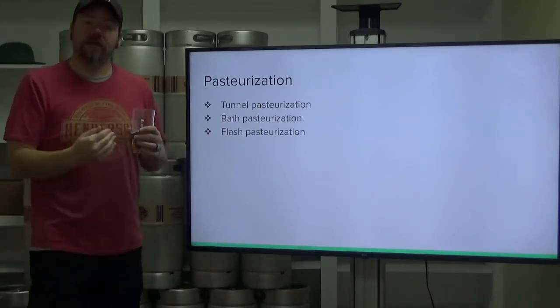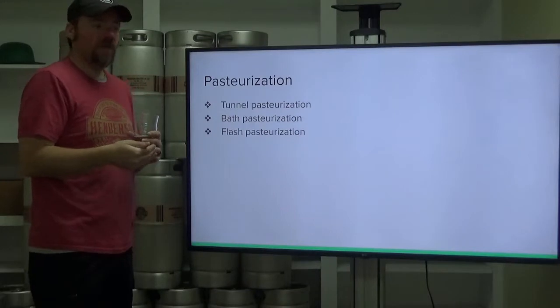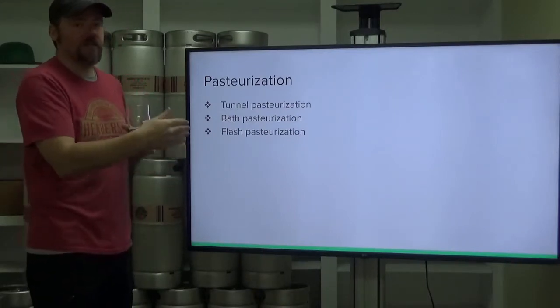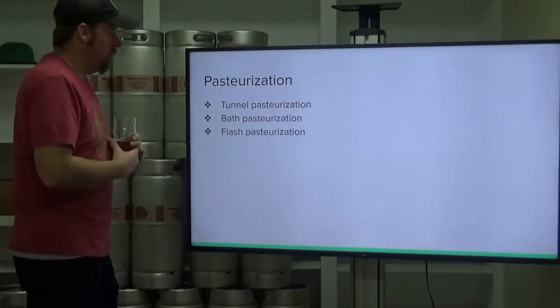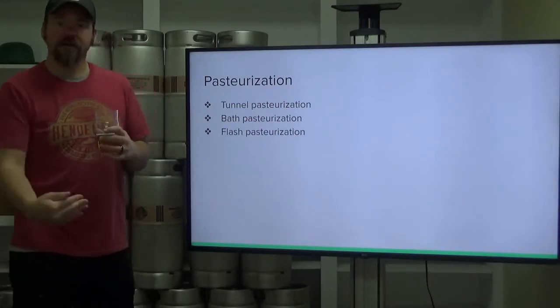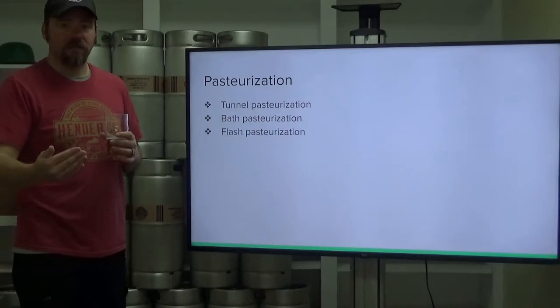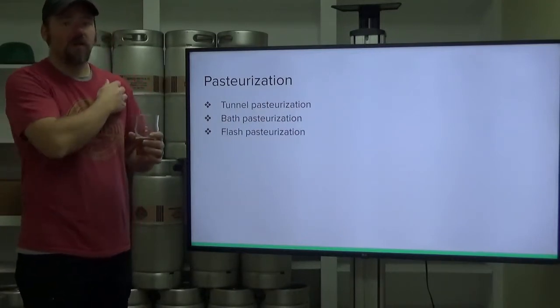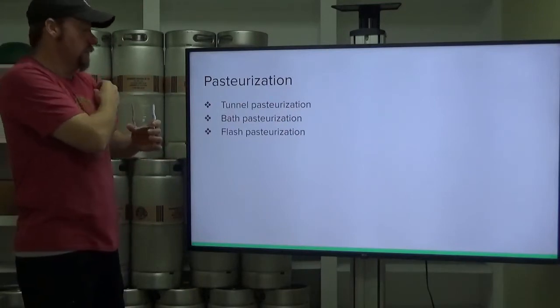We're going to heat it up to that pasteurization temperature using that counterflow heat exchanger, or whatever heat exchanger you happen to have for this process. And then flash cool it back down to the correct packaging temperature, and then put it into the package.